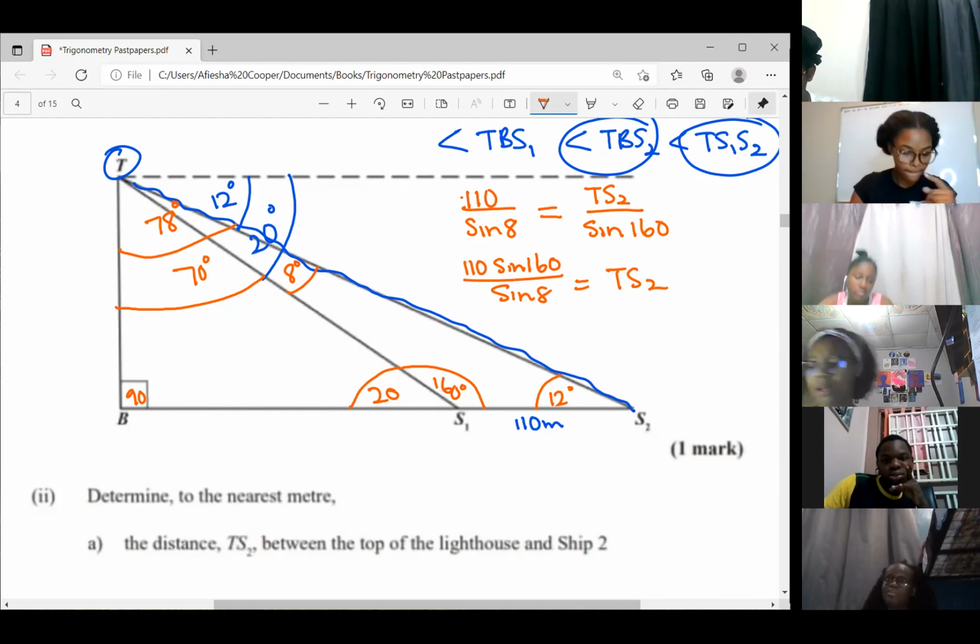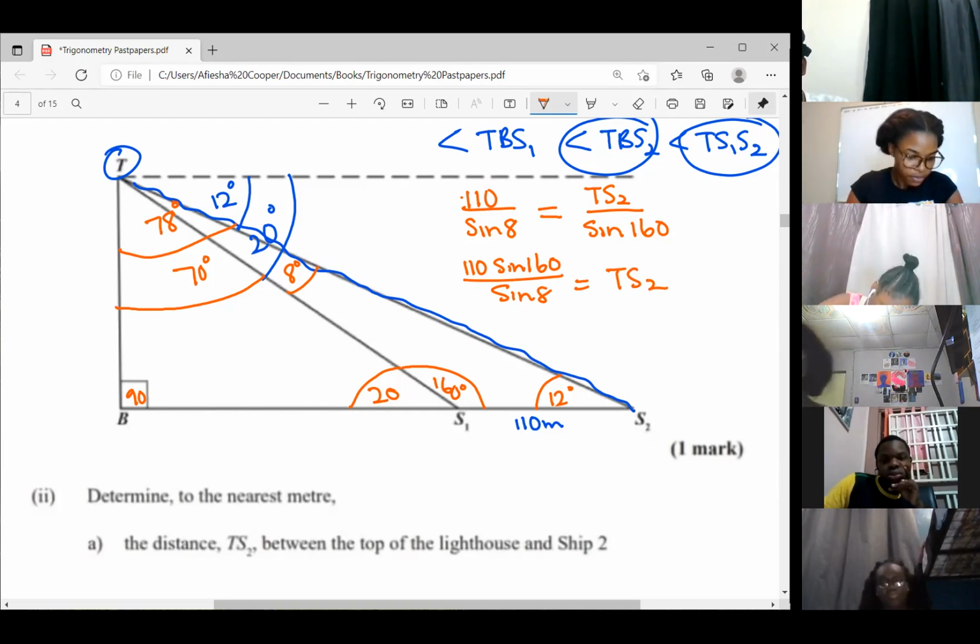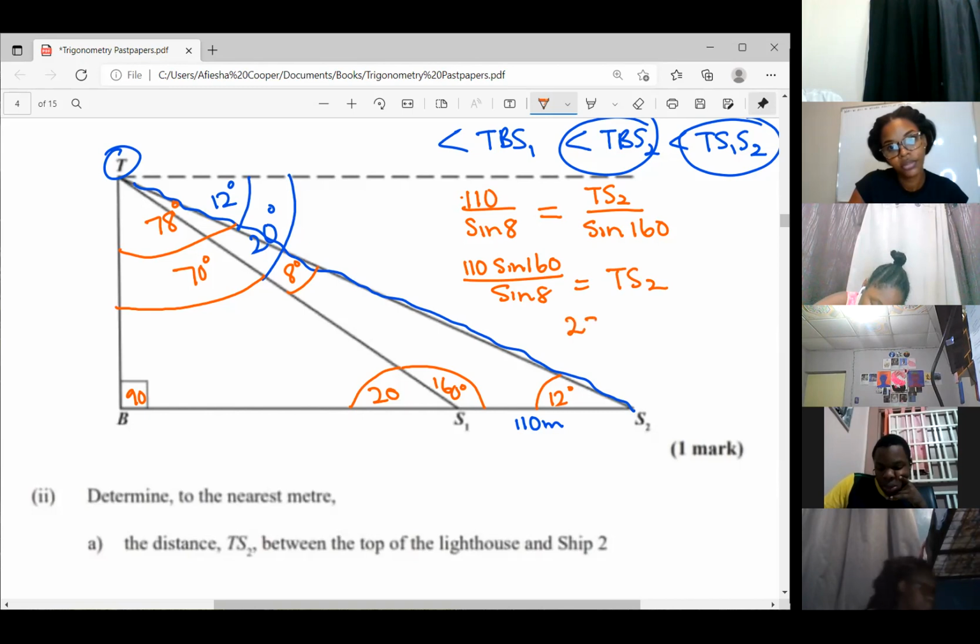What's my answer? It's 270.3 meters. Round to the nearest meter.